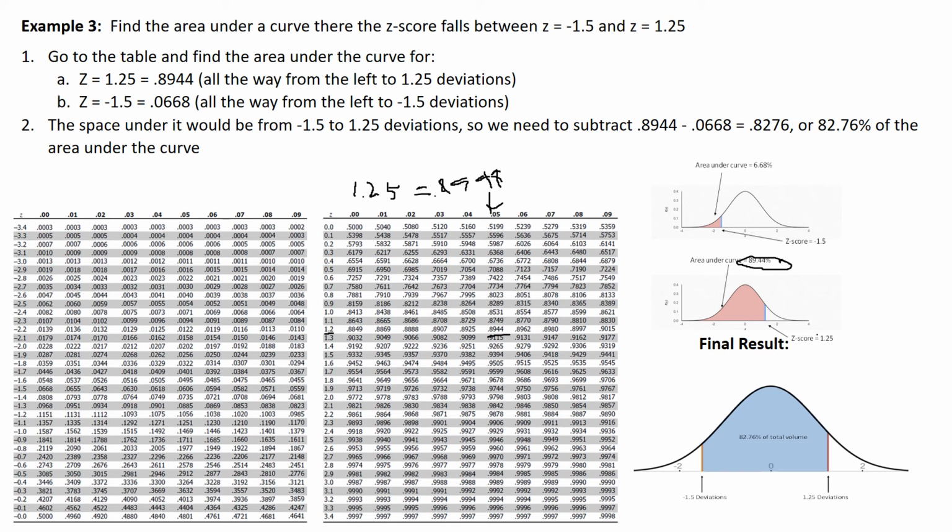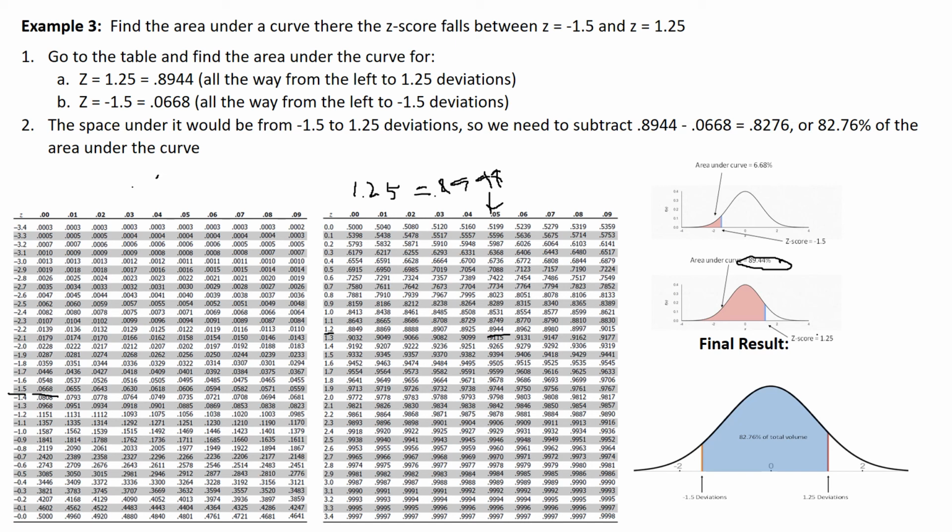Now the second one is looking for z at negative 1.5. And if I look at z at negative 1.5, this is the same as 1.50. Here's negative 1.5. And it's not 1.51, negative 1.52, it's 1.50. And there it is right there, 0.0668.